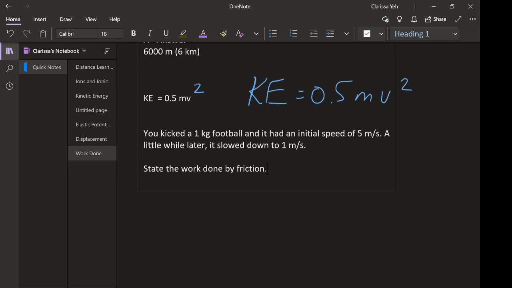Remember, work done is an energy transfer. If you're completely stuck, that's fine. I'll talk you through it in a second, but I do want to give people some opportunity to have a think about how they might approach this question.